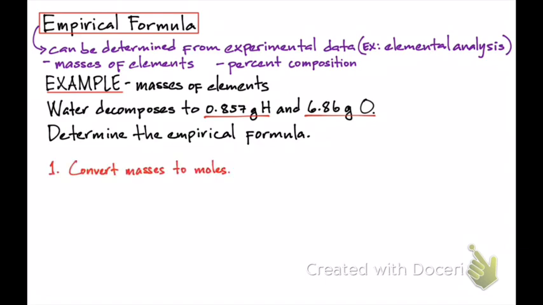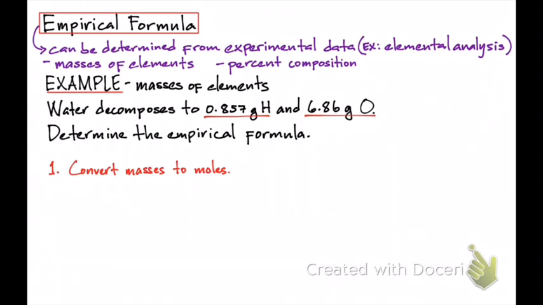The first thing you want to do is to convert the masses to moles, because if you remember the definition of empirical formula, it's the simplest whole number ratio of atoms or moles, not masses in grams or kilograms. So you have to convert the mass into moles or number of atoms, but for now let's focus on moles.